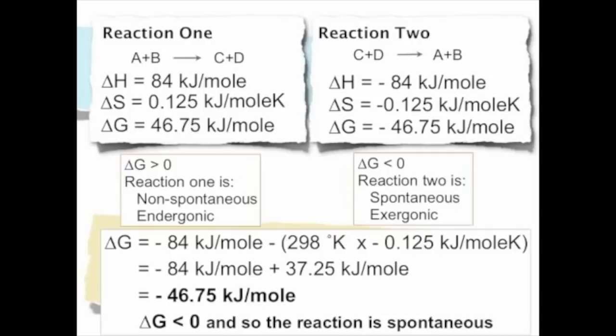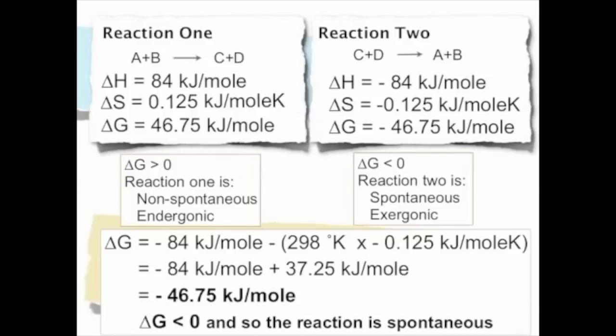So for reaction 1, the reaction is not spontaneous. In fact, it's endergonic. It is going to require energy be put into the system for it to go forward. 46.75 kilojoules per mole, in fact. Reaction 2, on the other hand, is spontaneous, and it's exergonic.